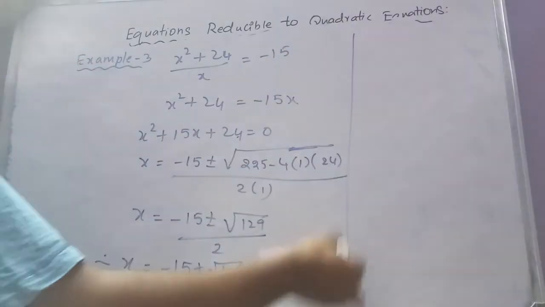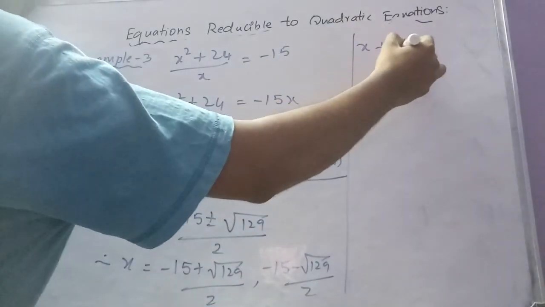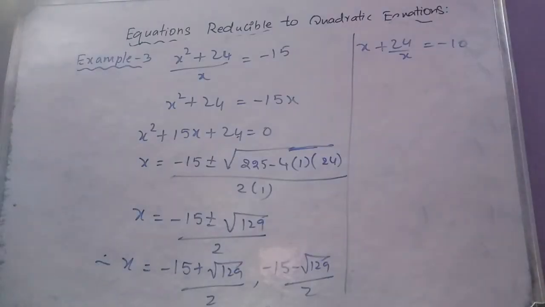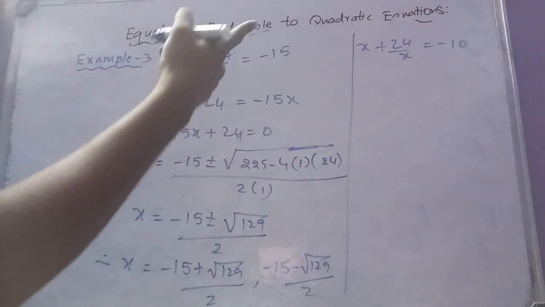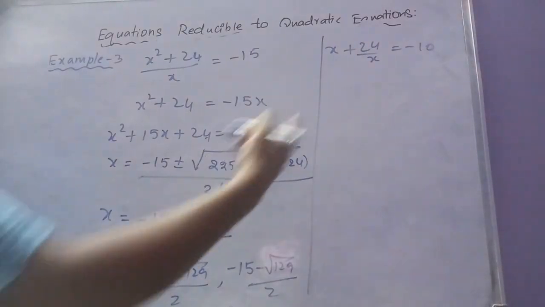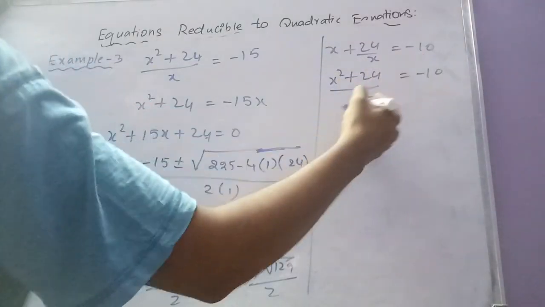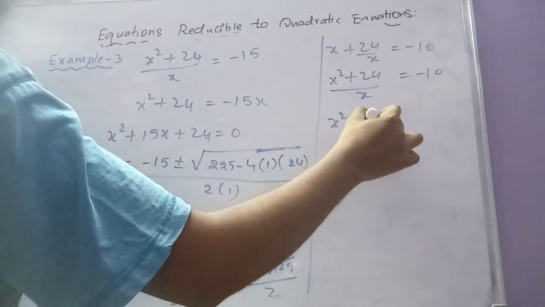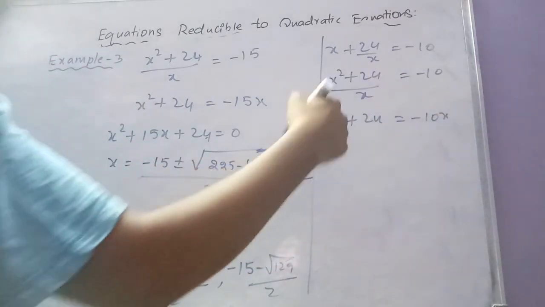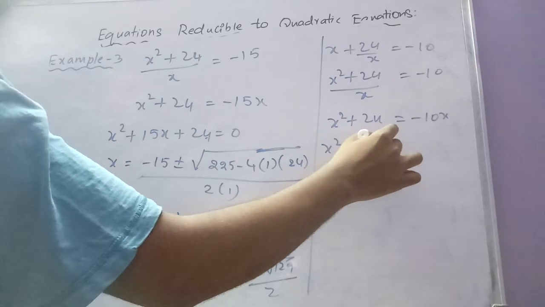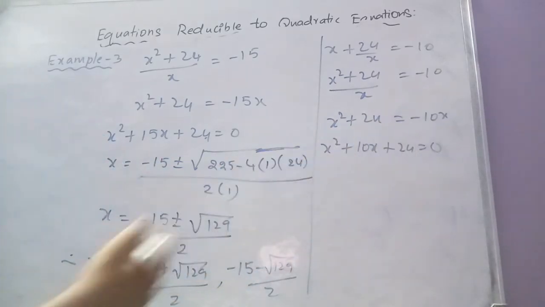Similarly, we also have x + 24/x equal to minus 10. So take the LCM, cross multiply, and take it to the left side. This can be easily factorized.